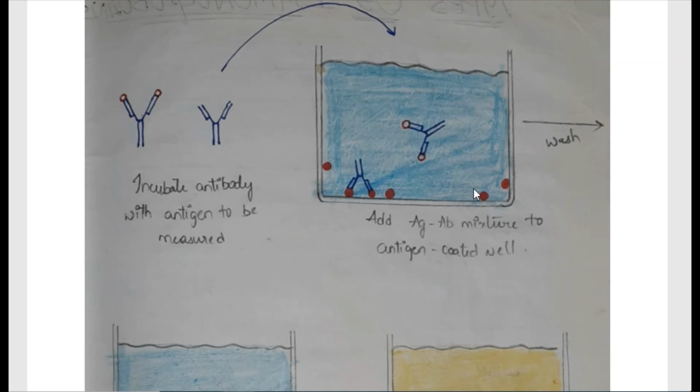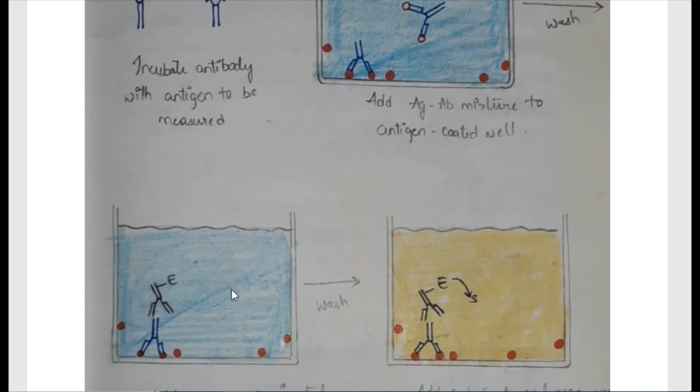Now the more antigen present in the sample, the less free antibody will be available to bind to the antigen coated well, isn't it? The addition of an enzyme conjugated antibody specific for the isotype of the primary antibody can be used to determine the amount of this primary antibody bound to the well, as we discussed in the indirect ELISA.